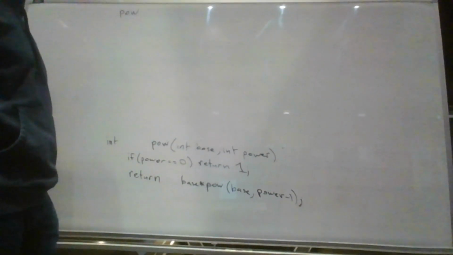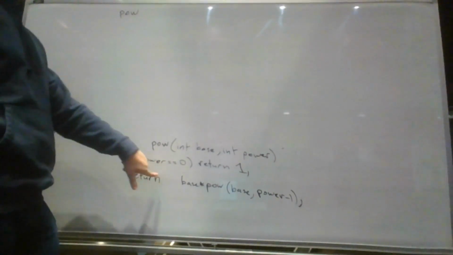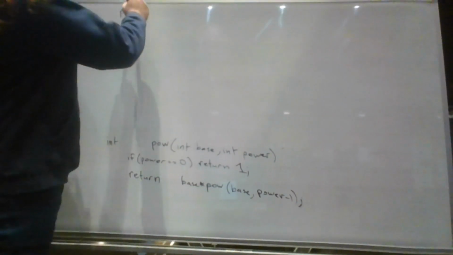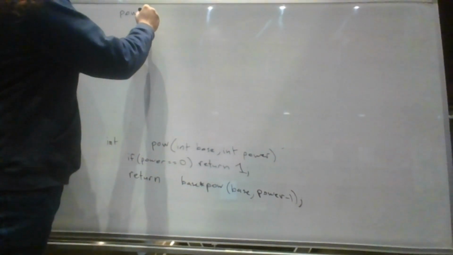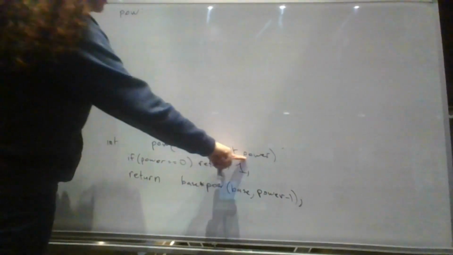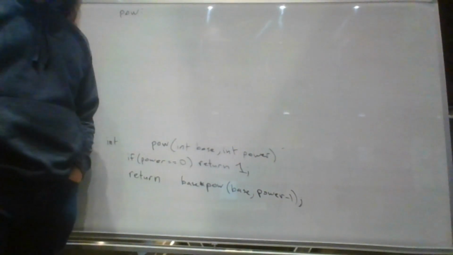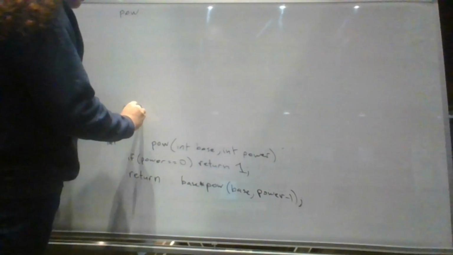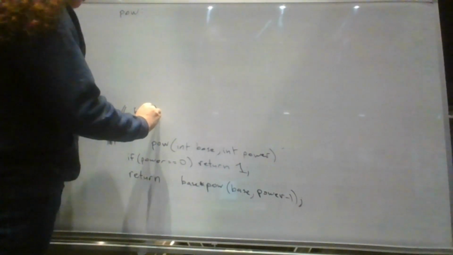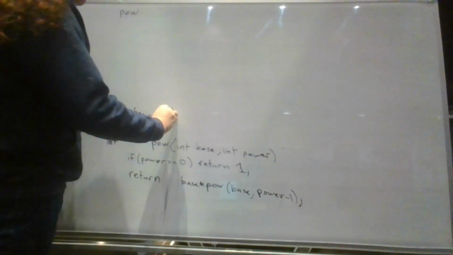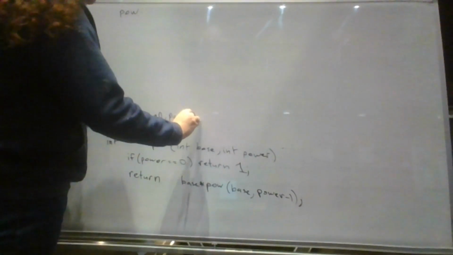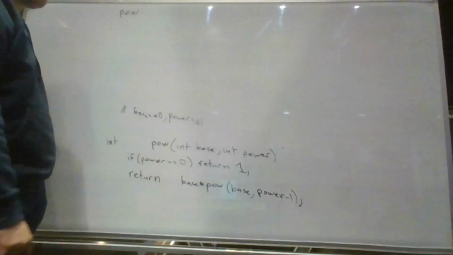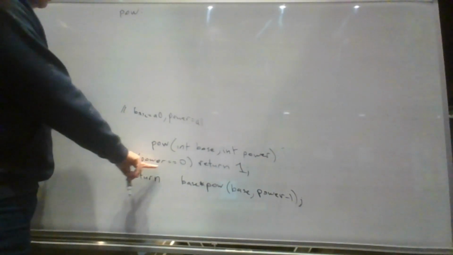The first thing I do is check my base case, which is if power equals 0. What is power stored in? That's A1. Here, base is A0. Power is equal to A1. So I compare power to 0.